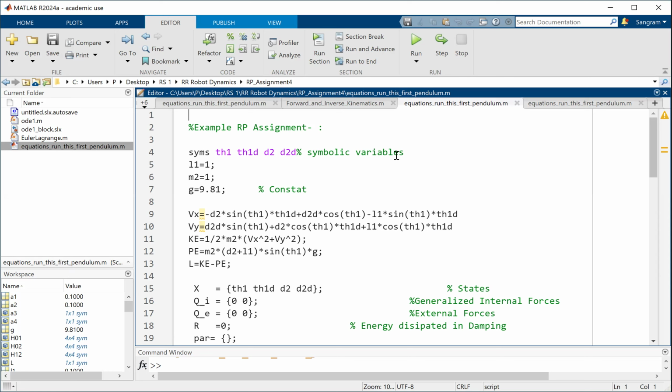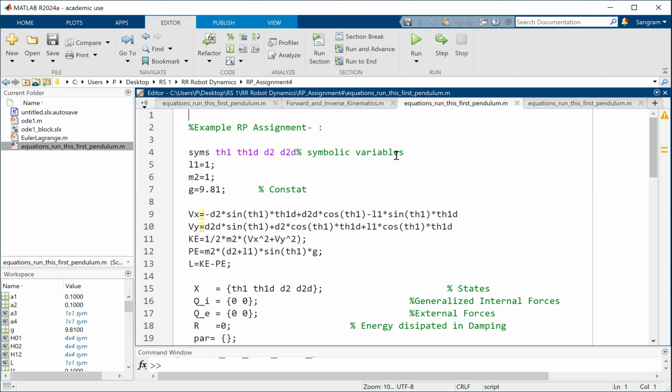So position in X, Px, is equal to A1 plus D2 cosine theta 1, which is A1 cosine theta 1 plus D2 cosine theta 1. d by dt of Px: A1 is a constant.